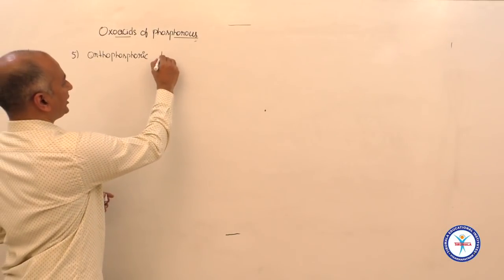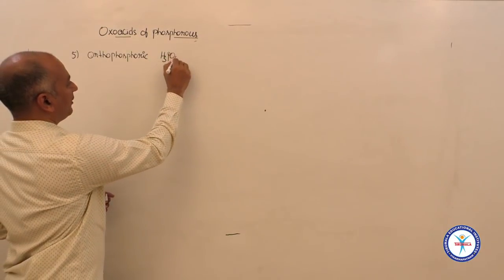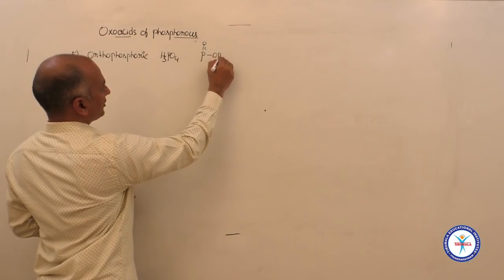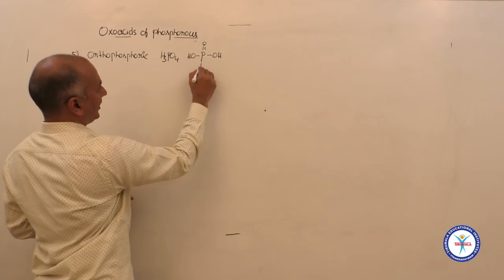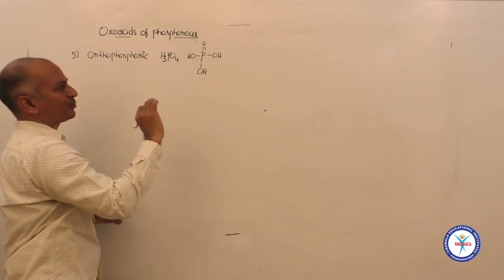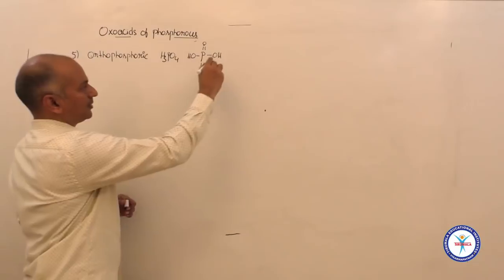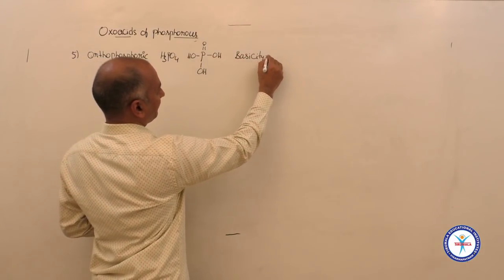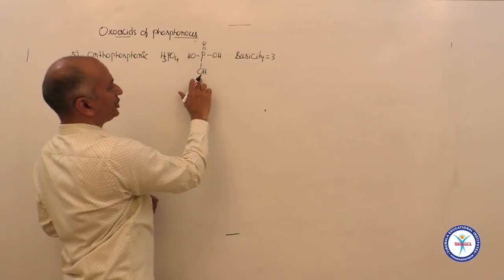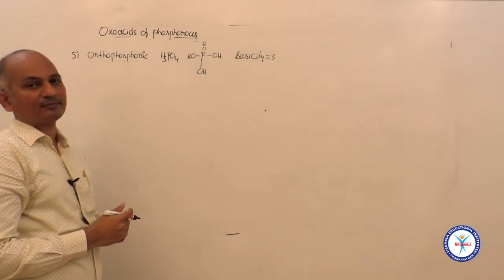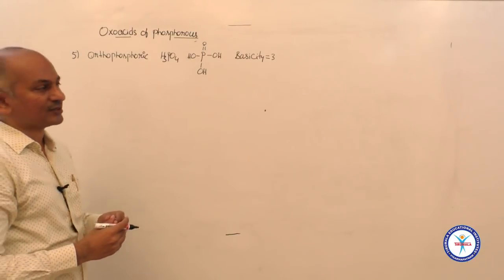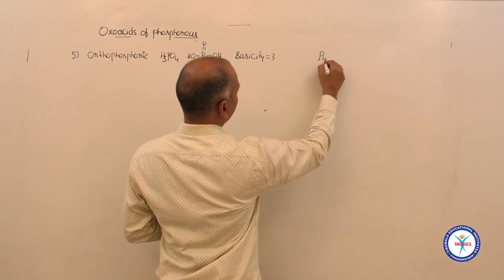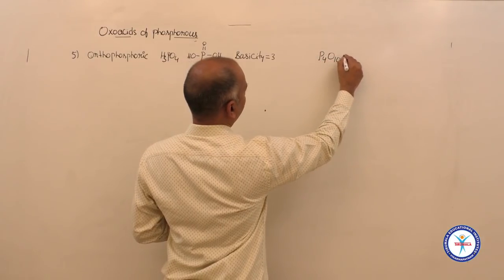The formula H3PO4, and the structure P double bond O, OH, OH and OH. There is no hydrogen attached to phosphorus. Basicity is 3. That means it can react maximum with 3 moles of NaOH. So 3 replaceable hydrogens. And you can prepare this by treating the higher oxide of phosphorus, P4O10, with water.